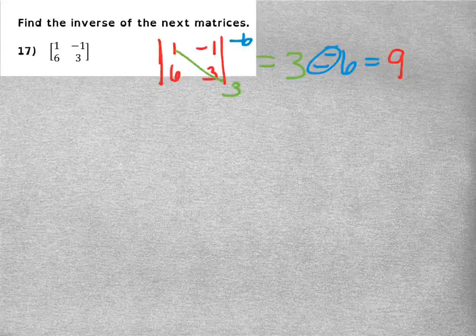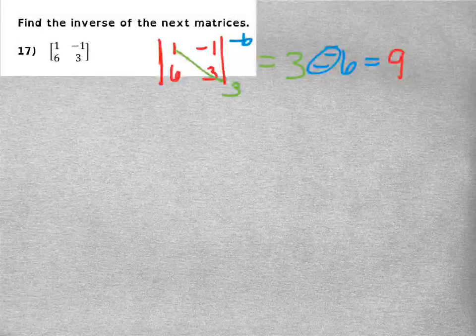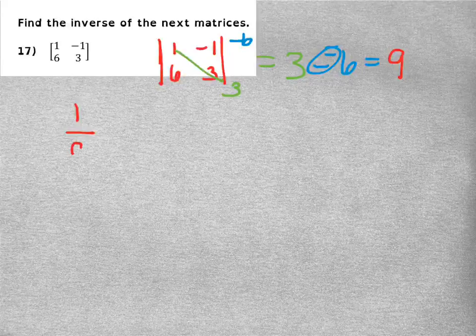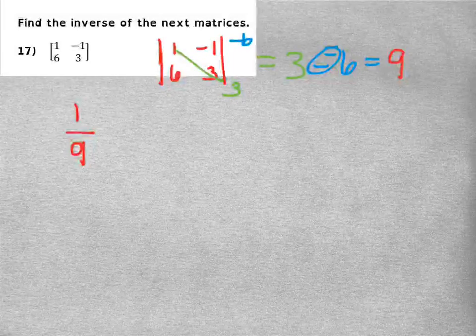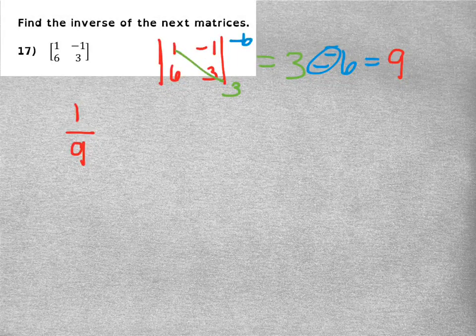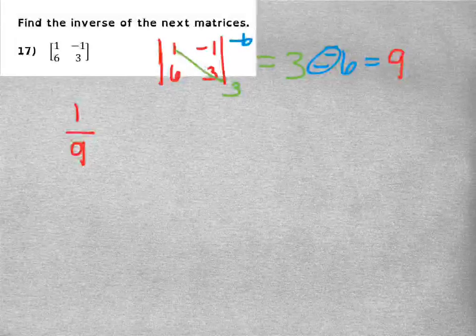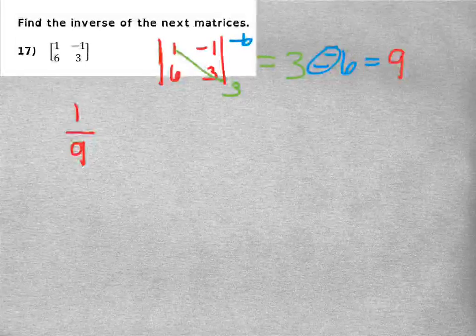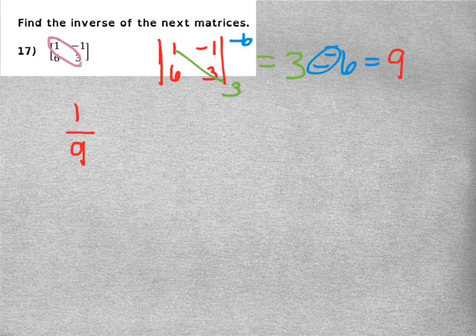And when you're finding the inverse, the next thing you're going to do is do 1 over your determinant, and then we're going to rearrange this matrix. And your downs, you reorder. So these two switch locations.